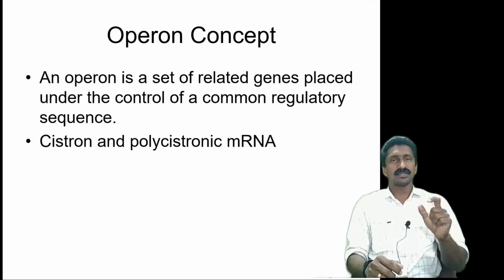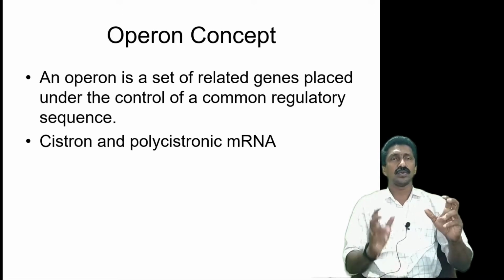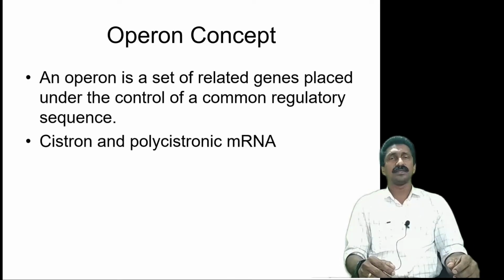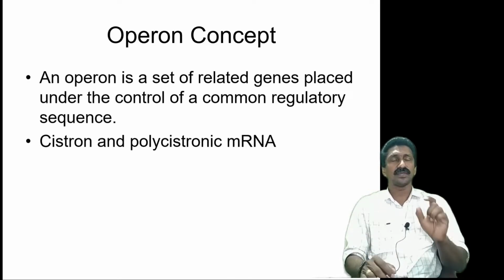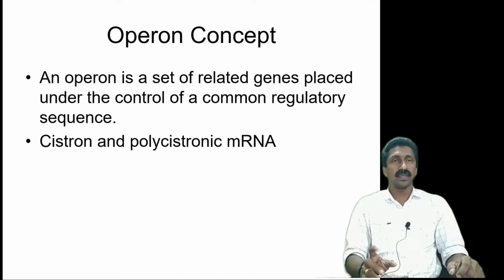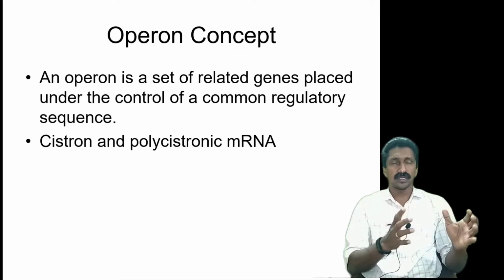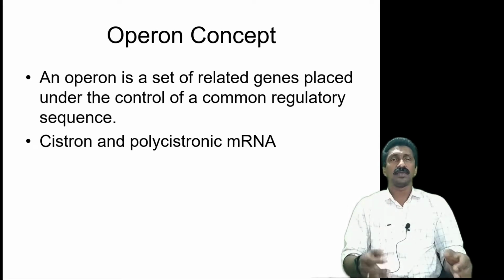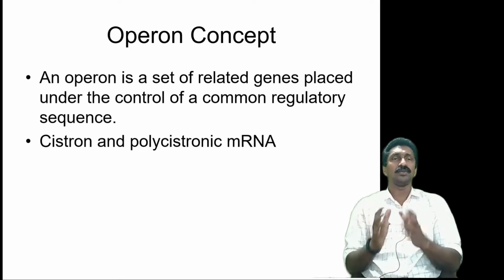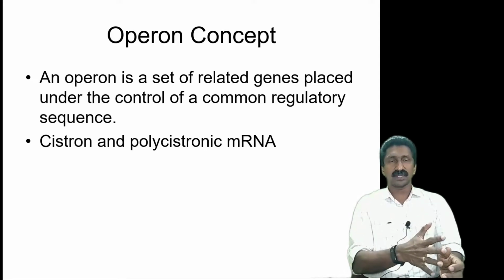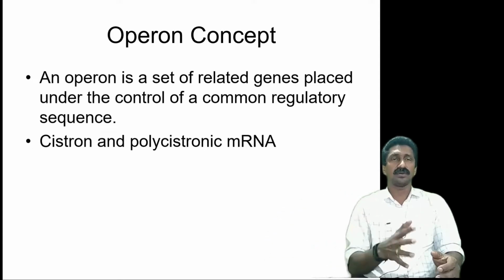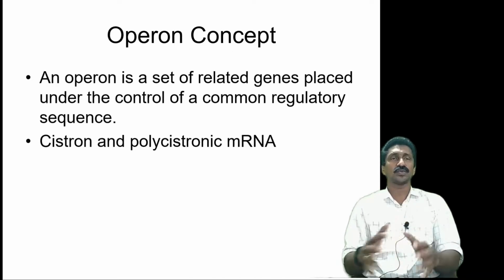A cistron or polycistronic mRNA is present in prokaryotes, where all the genes which need to be transcribed together for a common task are placed under the control of a common regulatory element, and are transcribed in a single unit, as a single polycistronic mRNA.